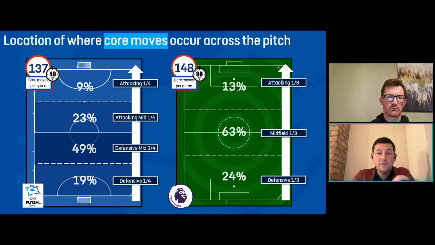Sometimes that can be a sliding pass from a winger, and that would be classed as a straight run and diagonal pass, or vice versa if it's the other way around, and maybe they're running from the wing straight in behind on an angled run, and it's a straight pass that gets them in.